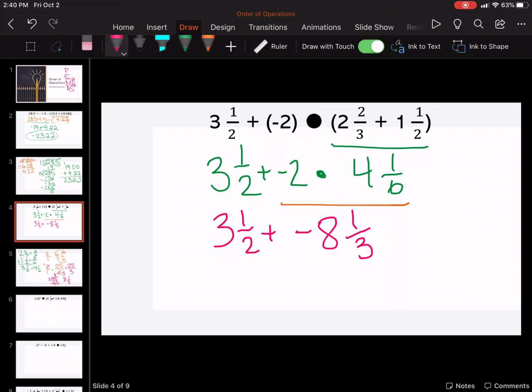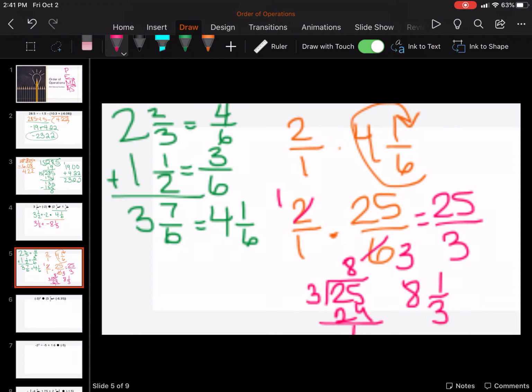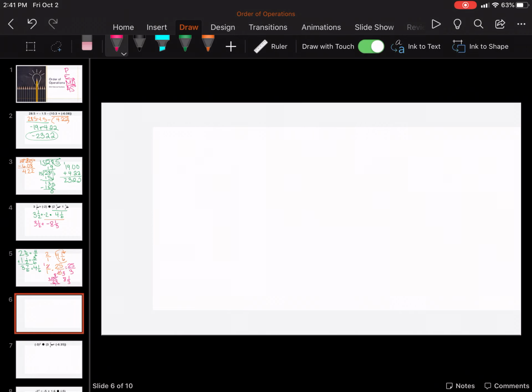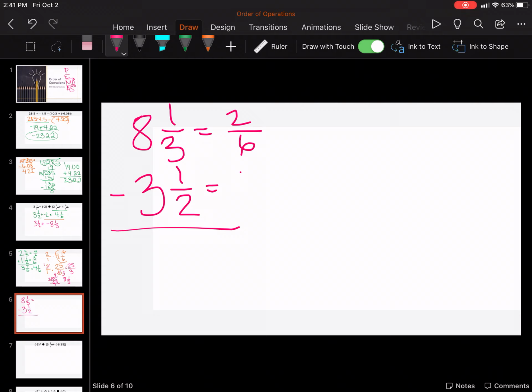Okay, now different sign, subtract. I'm going to add another slide real quick. So it's going to be 8 and 1/3 minus 3 and 1/2. Again, get your common denominators. 2/6, 3/6.